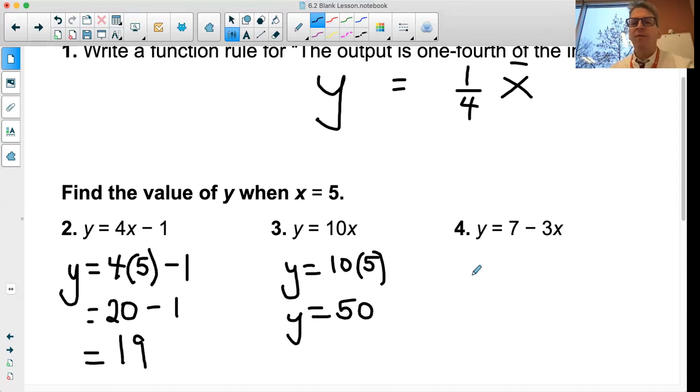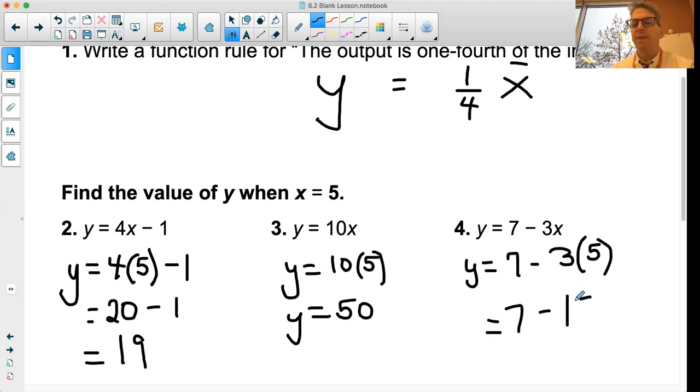And then number 4, y equals 7 minus 3 times the 5. Simplify. 7 minus the 3 times 5, which is 15. Answer, -8 for on your own numbers 1 through 4.